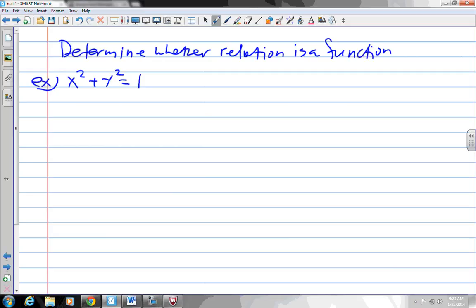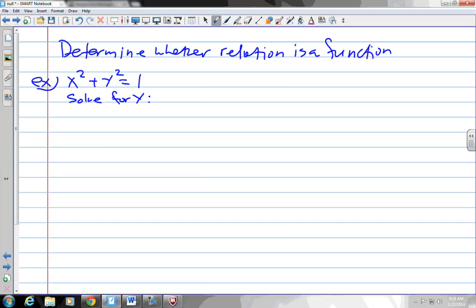But how would you do this algebraically? So what you're going to try to do is solve for y algebraically and see what you get. If you try to solve this for y, how would you go about that?